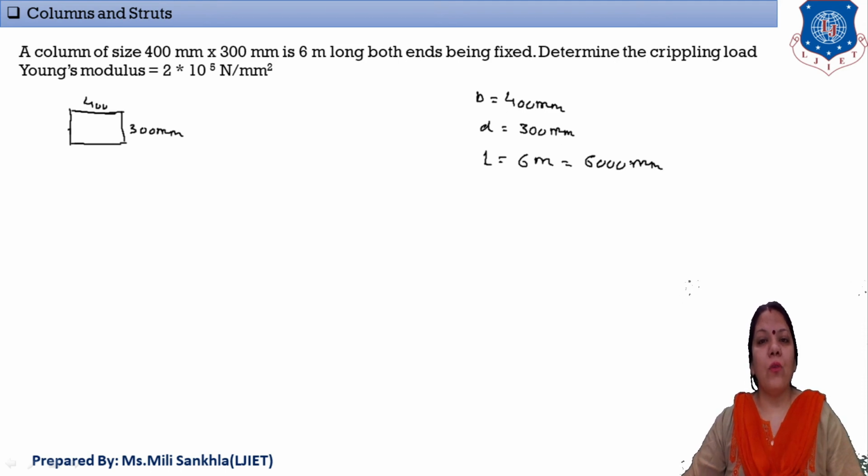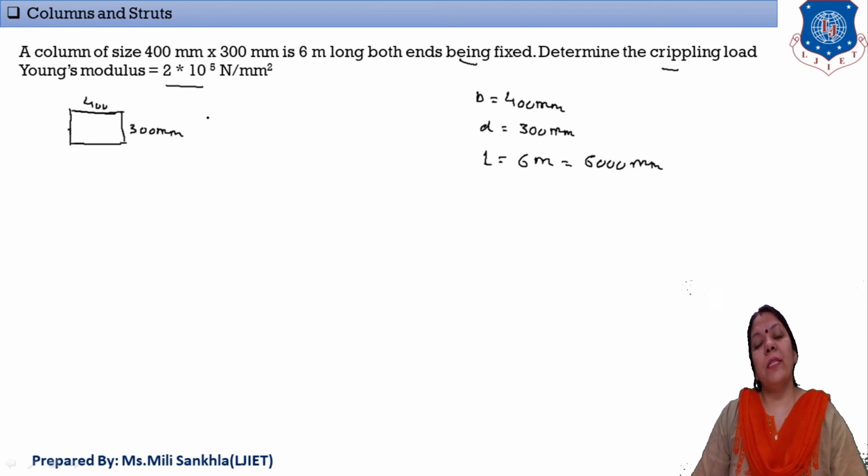Now both ends of the column are fixed. Then determine the crippling load, and Young's modulus E is equal to 2 into 10 raised to 5. Here alpha is not given, Rankine constant is not given, Fc is not given. That means this crippling load we find out by Euler's formula. If alpha and Fc are given, then we follow the Rankine formula.